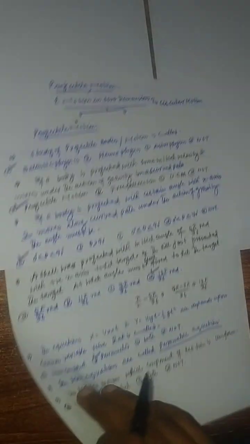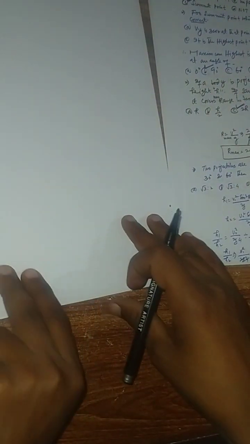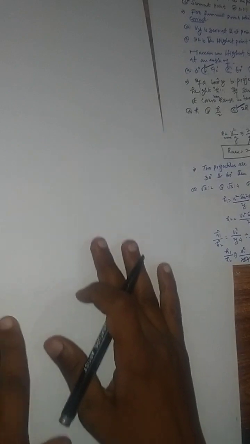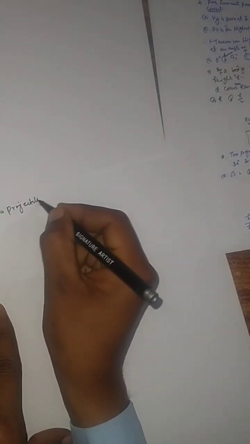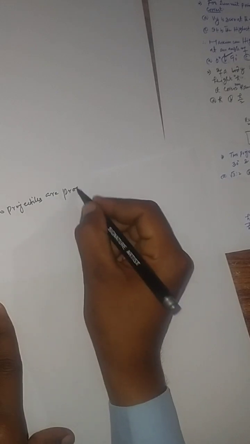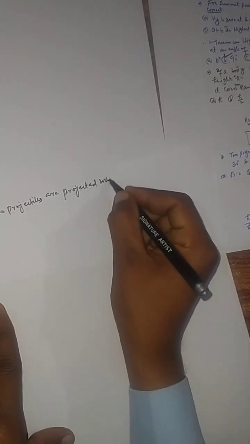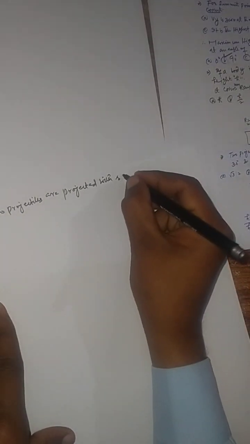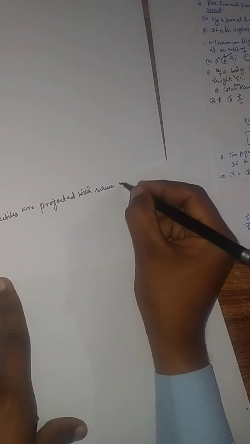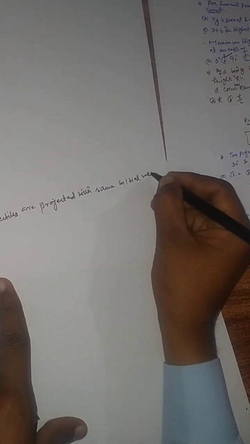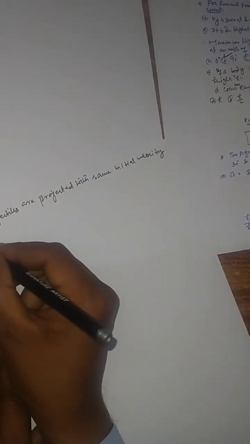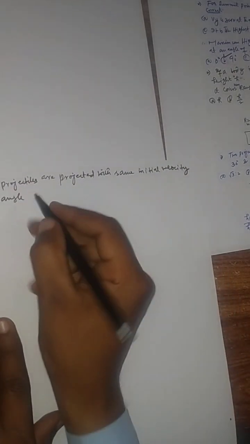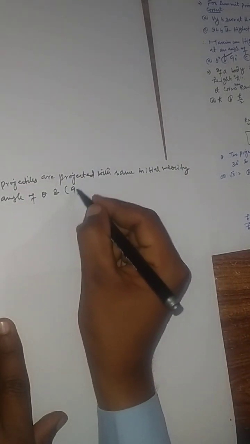Okay, if we take another one, let's say two projectiles are projected with same initial velocity at an angle of theta and 90 minus theta.